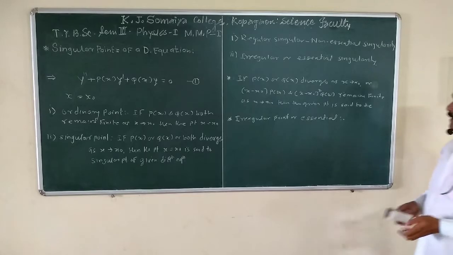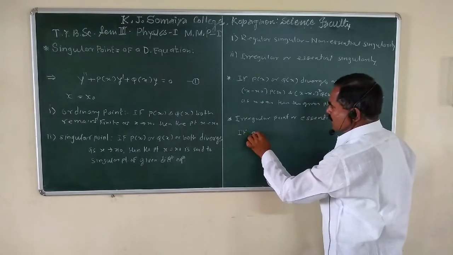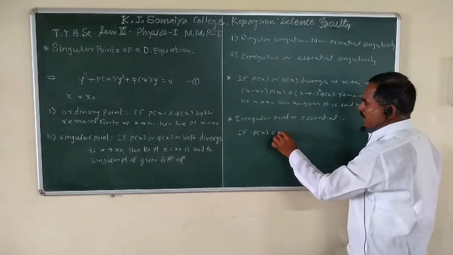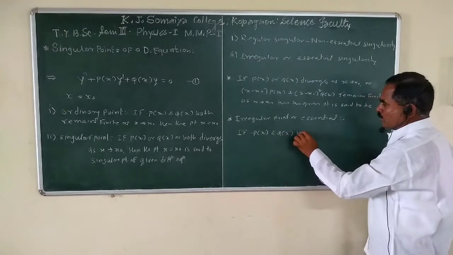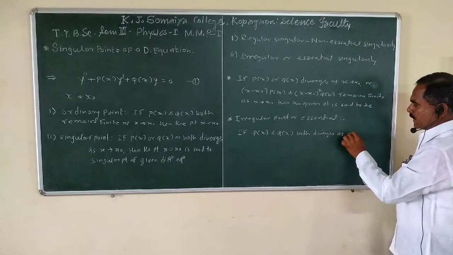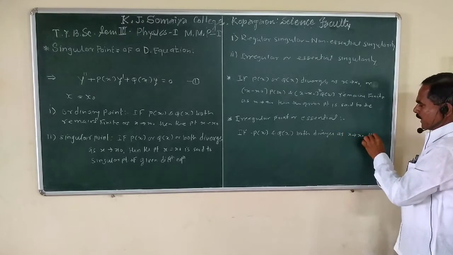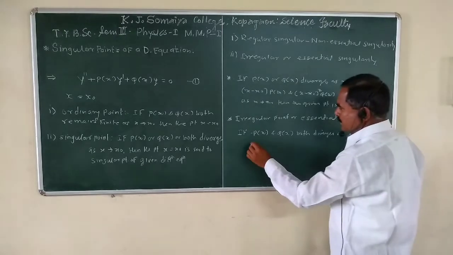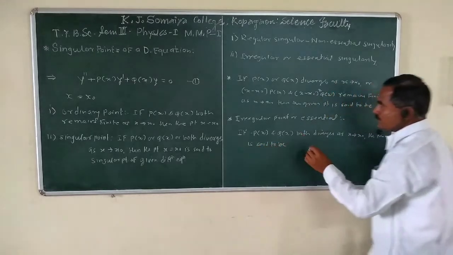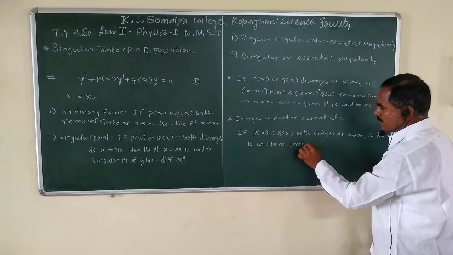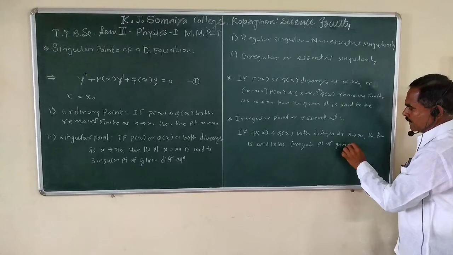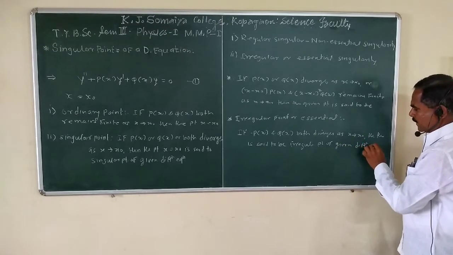So we define here, if p of x and q of x both diverge as x tends to x naught, then the point is said to be an irregular point of the given differential equation.